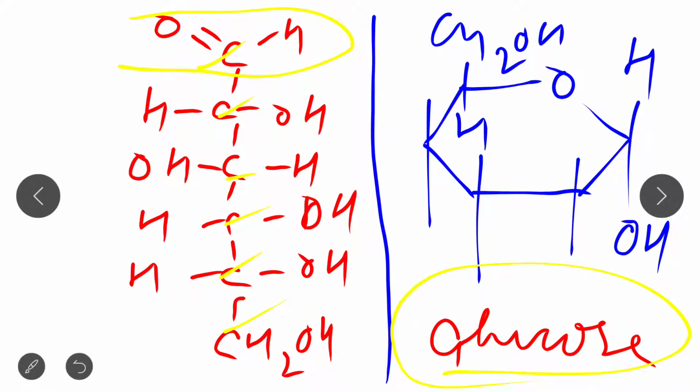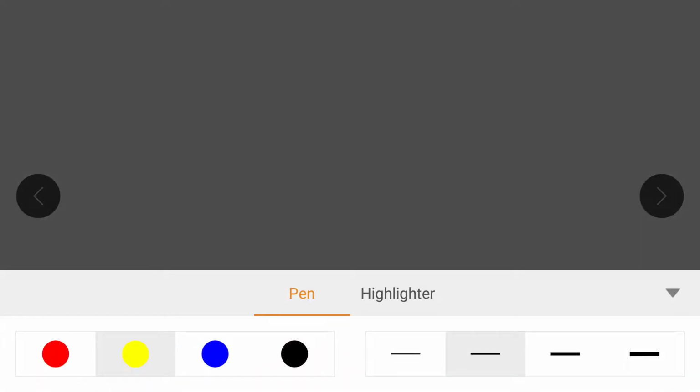Now there is one question. Which monosaccharide can't form a ring structure? The answer is glyceraldehyde, because if you see the structure of glyceraldehyde, you will find that it consists of 3 carbons.